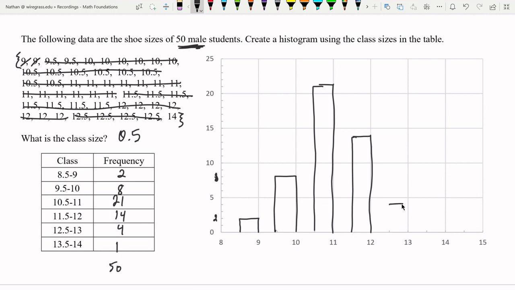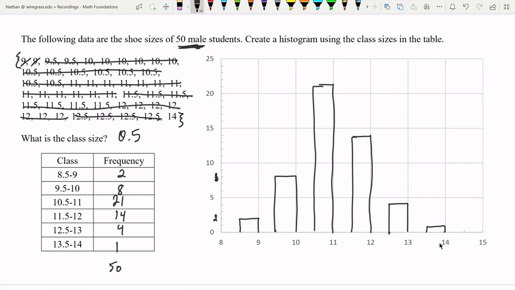That's just about here on the graph. That's where 4 is. So, and then finally, 13.5 to 14 is just 1. So it's just going to be up a little bit from there.